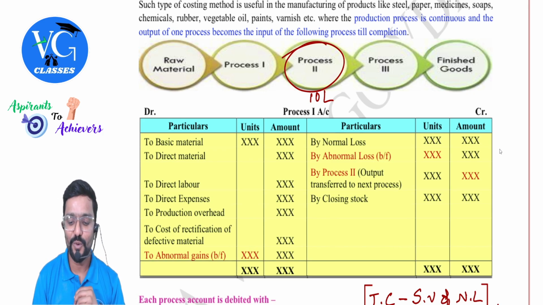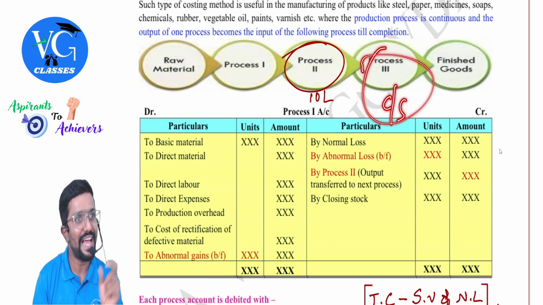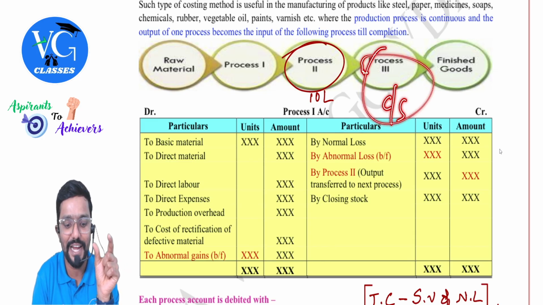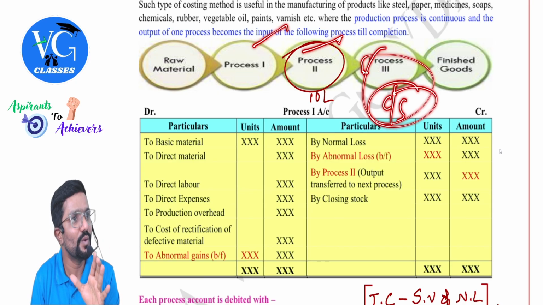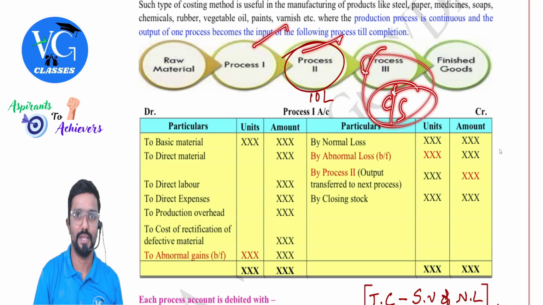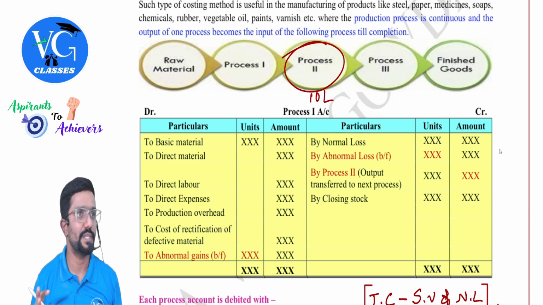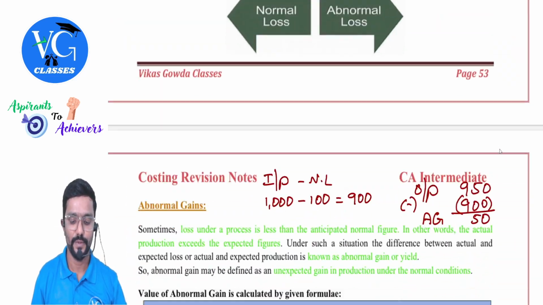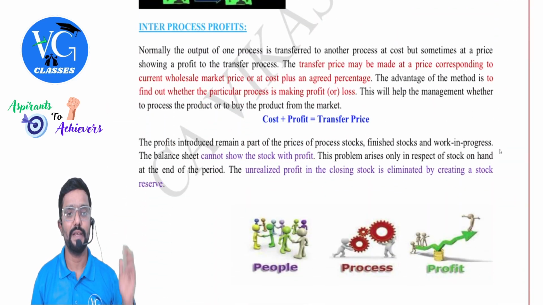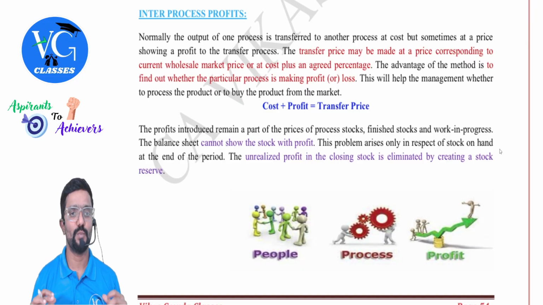No. So now closing stock of process 3 will have some element of profit which is added by 1 and 2. Can we have that in our books? No. Please try to remove it. Hope you understand. By creating a reserve. Yes. That is what we are learning now. Inter-process profits.